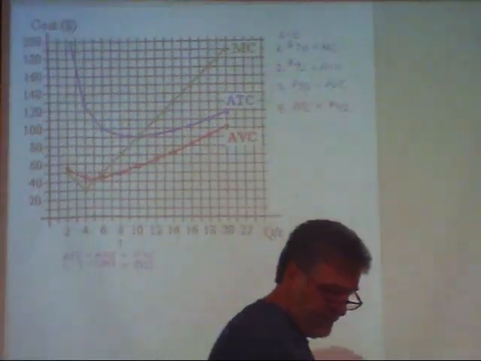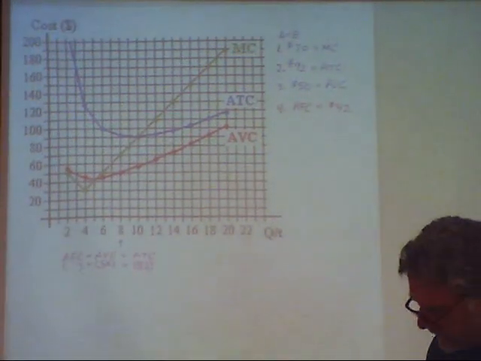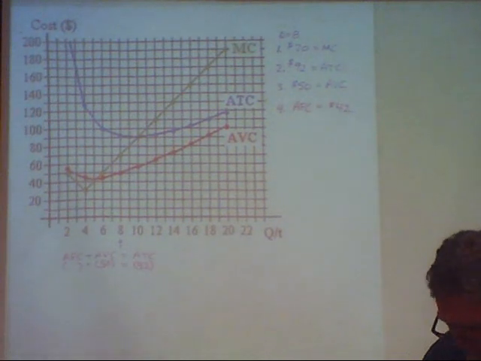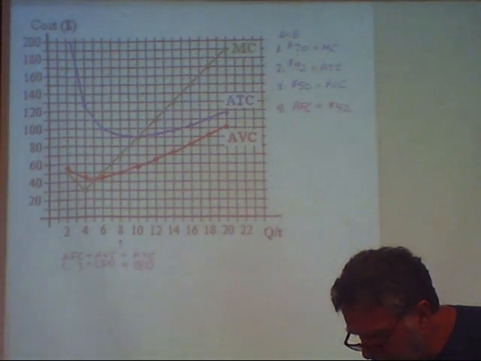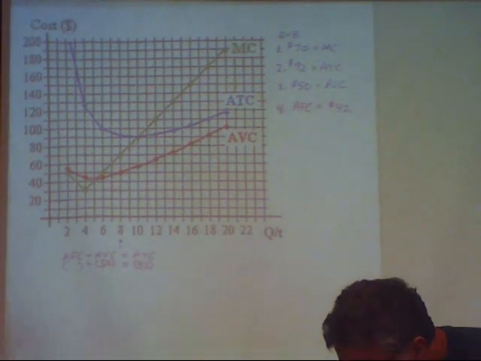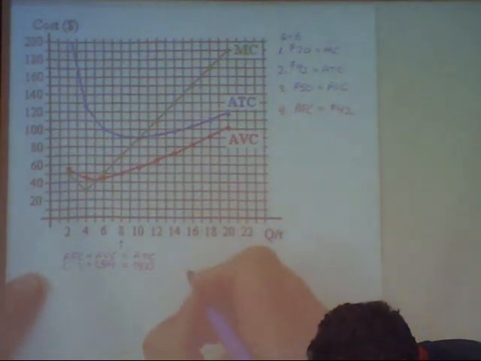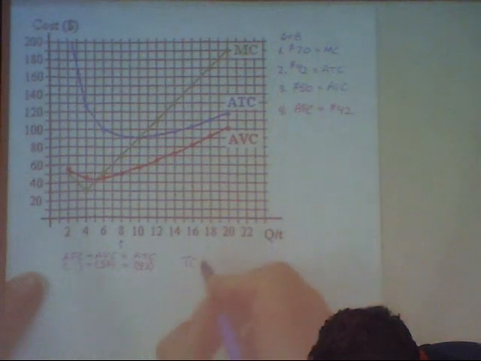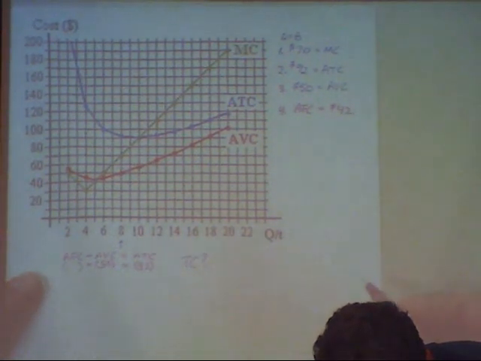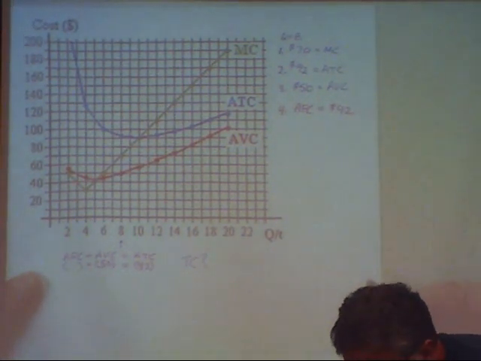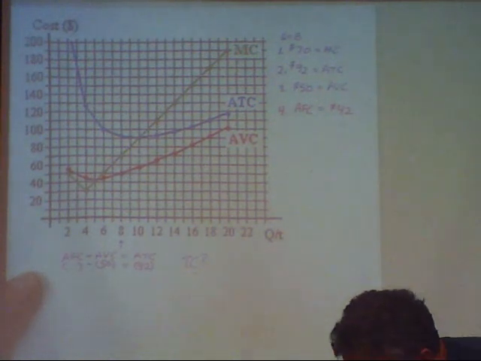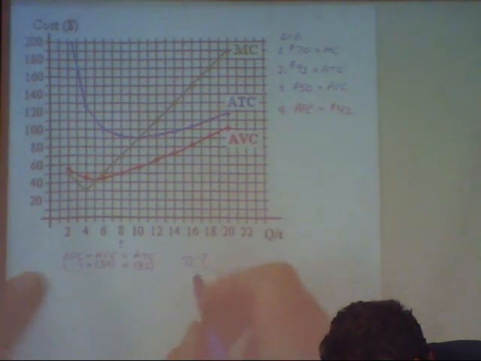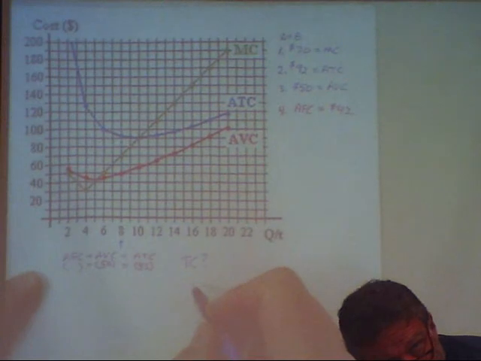Next, we're going to try to figure out what the total costs are. What is the total cost of making 8 widgets? This we have to figure out indirectly. And we figure it out using the formula for the average total cost.